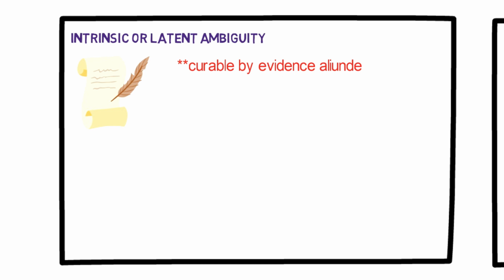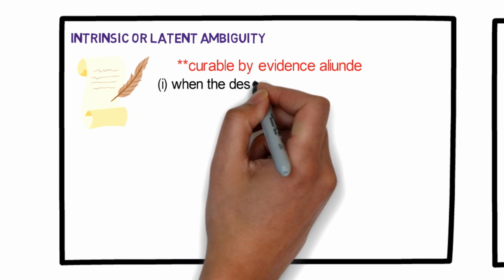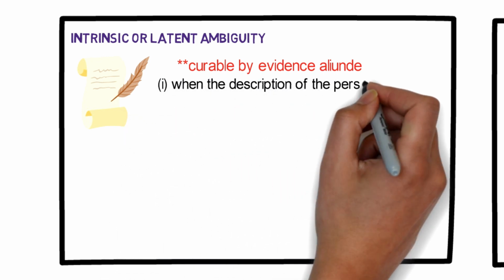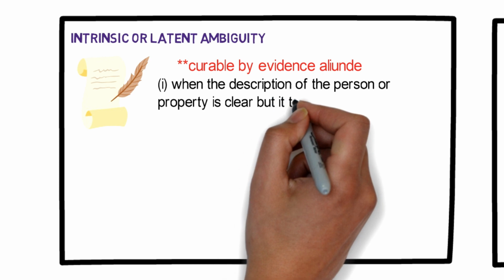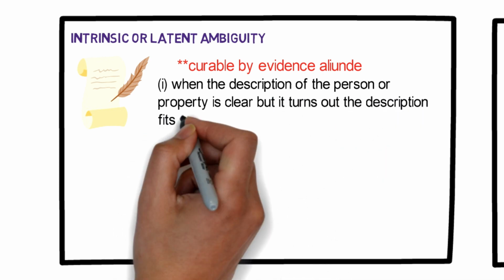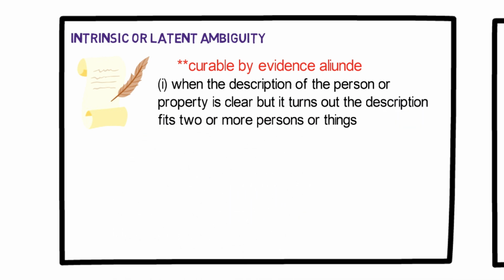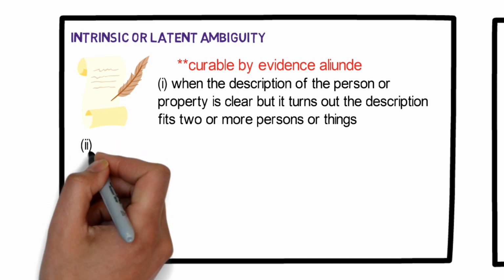Intrinsic or latent ambiguity is further subdivided in 2 parts. 1. When the description of the person or property is clear, but it turns out the description fits 2 or more persons or things. For example, the donee is described as my Aunt Jane, but the donor has several aunts named Jane. 2.